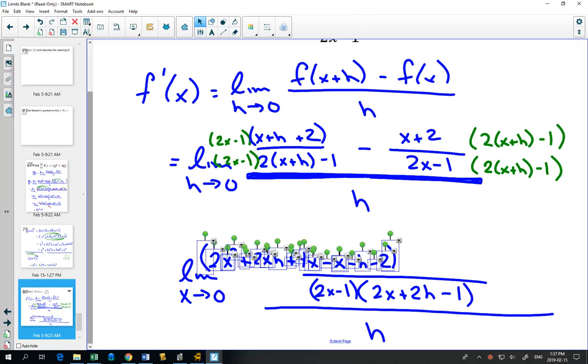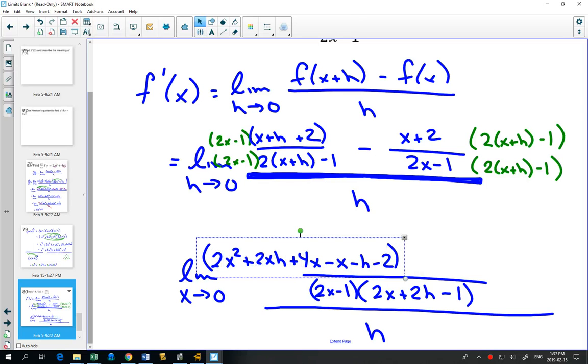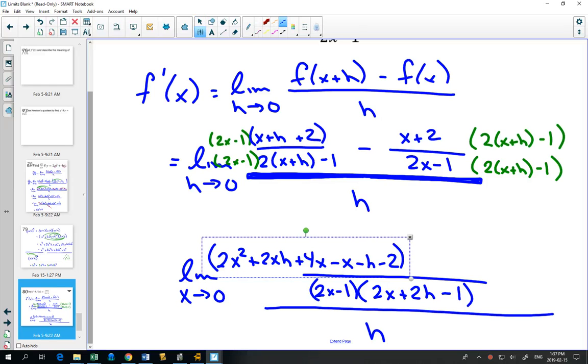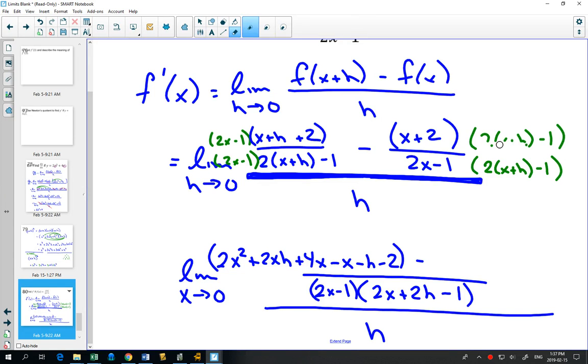I have the advantage to slide that over when I start running out of room. Subtract, distribute that 2 right away. And now I'm going to subtract, bracket.